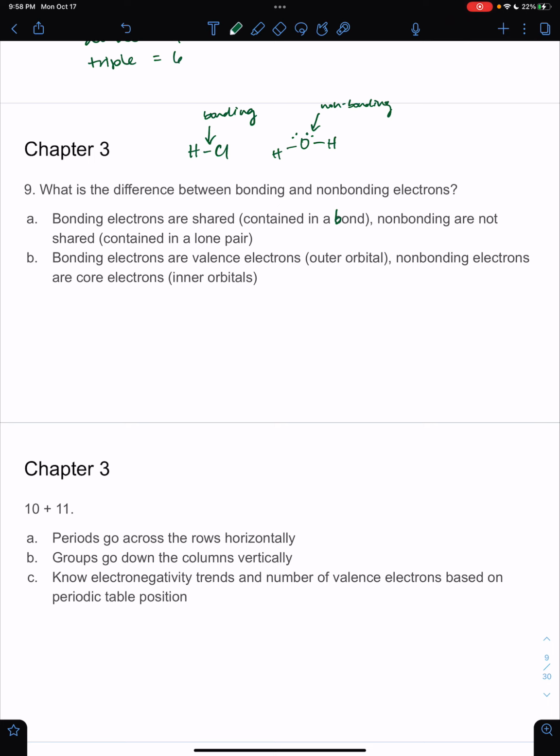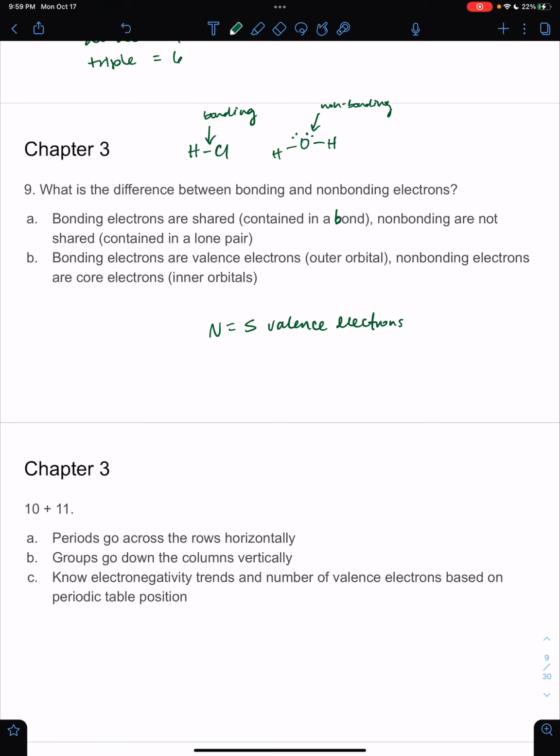Okay, and then also bonding electrons are valence electrons usually, so on the outer electron shell. Like if we go back to what we know about the periodic table columns, an example would be nitrogen has 5 valence electrons. But we know that it has more than 5 electrons. Its atomic number is, I actually don't remember.